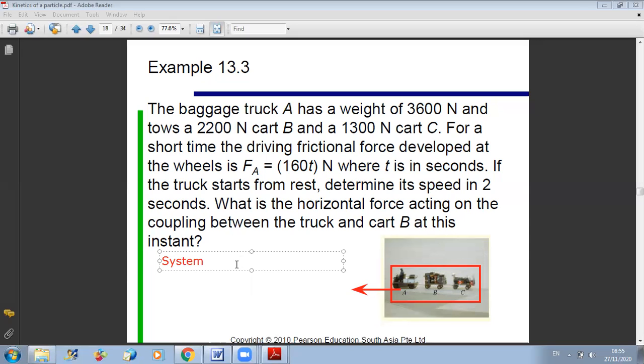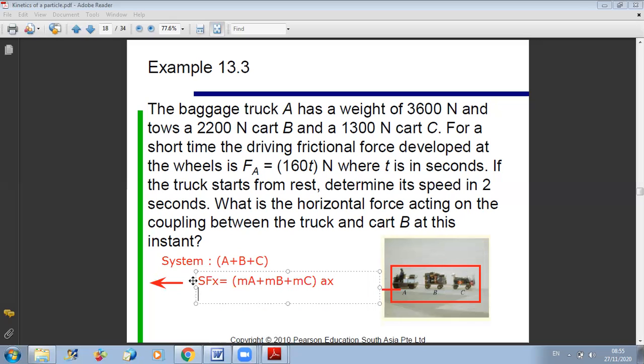So I will take the system A plus B plus C. If I consider this as my positive direction of X, then the sum of forces in X equals the total mass, which is MA plus MB plus MC, times the acceleration of the system in X direction.